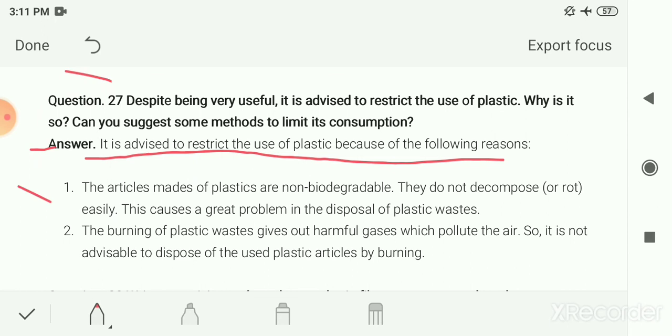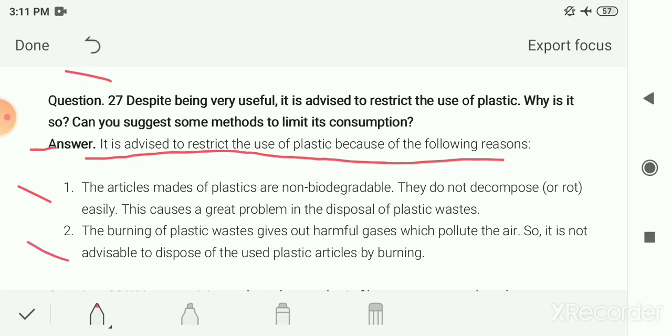The first reason is that items made of plastic are non-biodegradable and do not decompose easily. It takes several years to decompose, and this causes a great problem with the disposal of plastic waste. So we are facing the problem with the disposal of this plastic waste. That's why it is advisable to restrict the use of plastic.